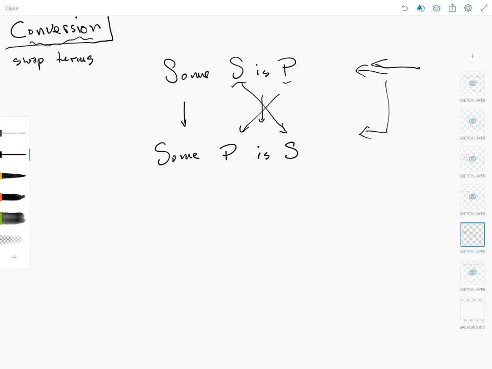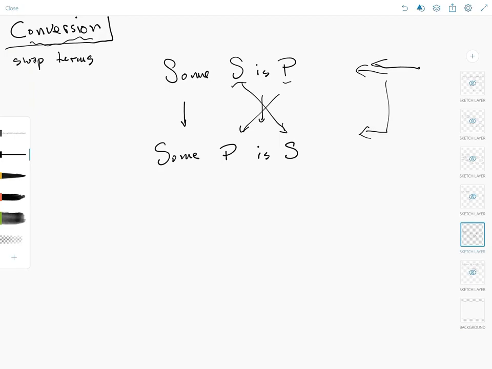It can be in the predicate position in a different proposition if we put it there, basically, right? And conversion puts it there. So if we take the I, some S is P, and we convert the I, meaning apply the operation conversion, we end up with the proposition some P is S.